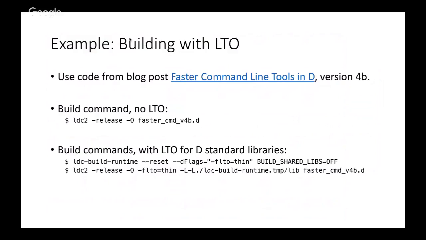You tell it whether you want to use thin or full, and then you run your regular build command for your code, say you want to use LTO thin, and then give it a link to the runtime libraries that you just built. So I think we will try this and see if we can make this work.